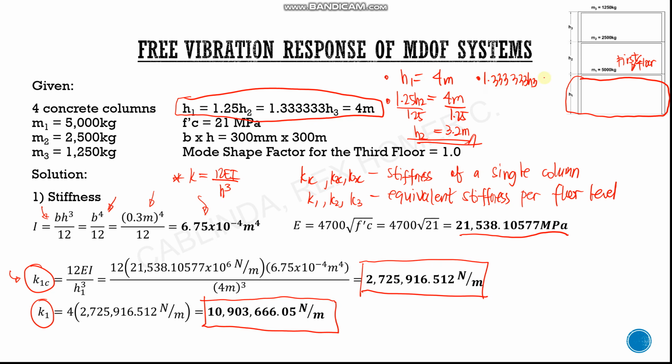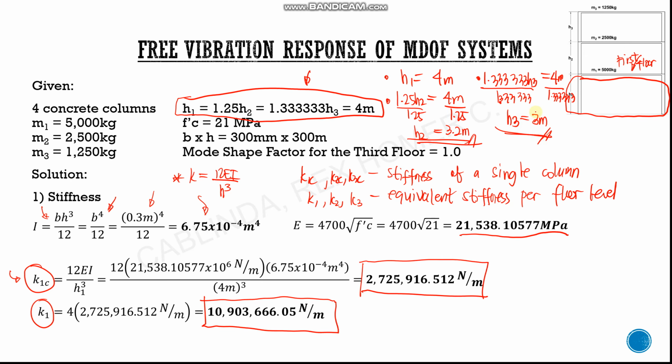They are all equal in this form, so we can manipulate the equation. If we divide the whole equation by 1.333, we get that the height of the third floor column is 3 meters.